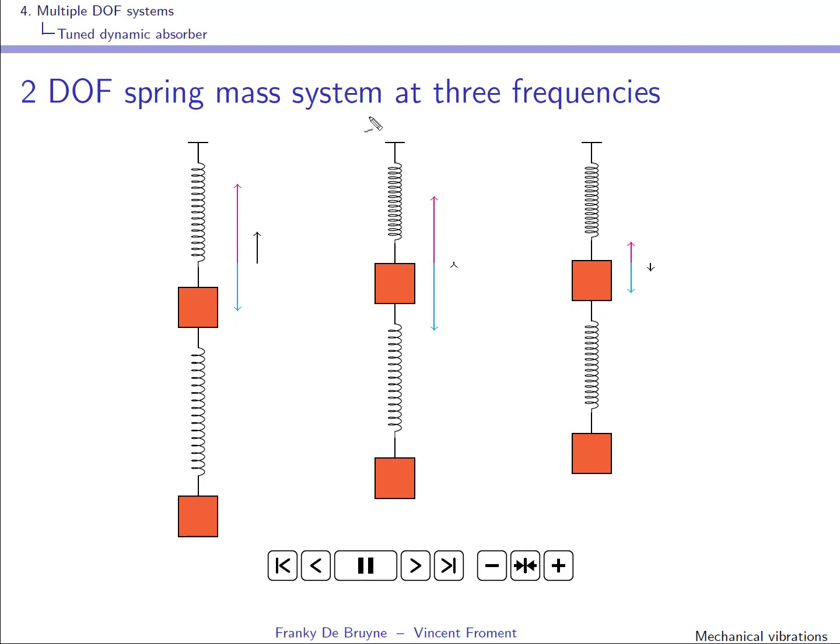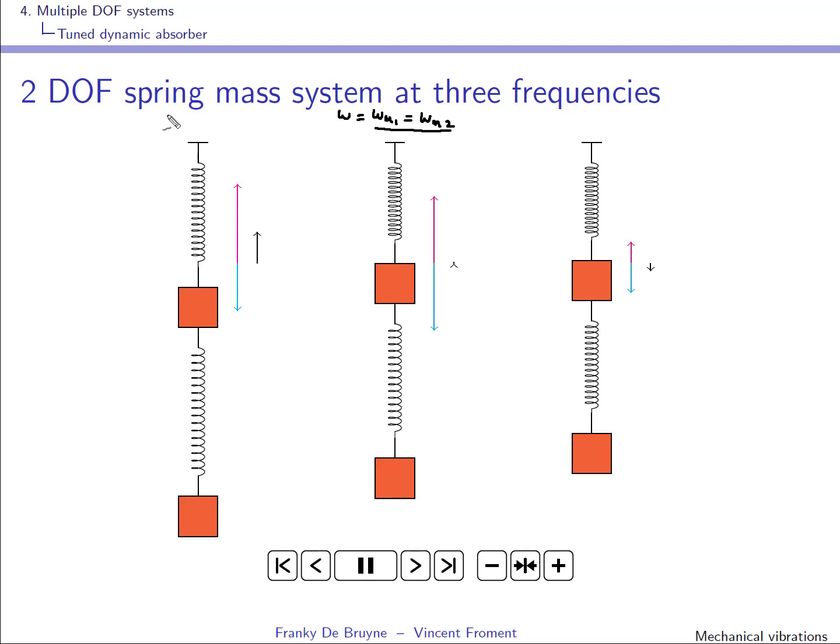So we have chosen, because it's a tuned dynamic absorber, that omega n1 is equal to omega n2, and here in the middle we are actually running the system at this tuned frequency. So this means that the force that is applied is at this tuned frequency.